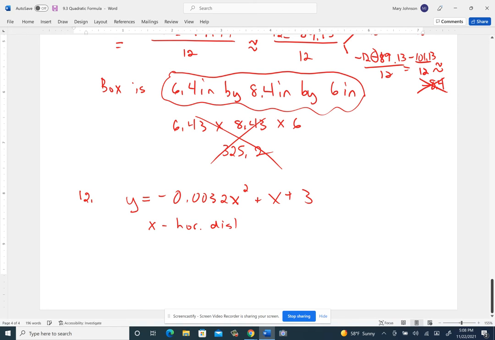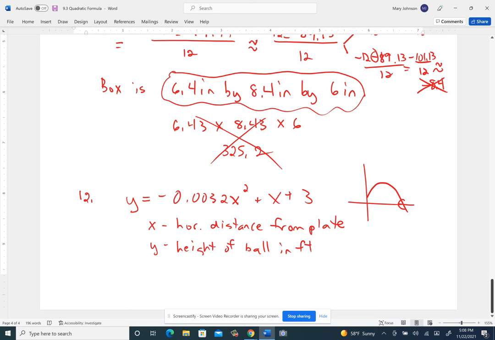Horizontal distance from home plate. And Y is the height of the ball in feet. Okay, and it says how far from home plate does the ball hit the ground? So the concept we're thinking about is that the ball is going to go up and come back down.